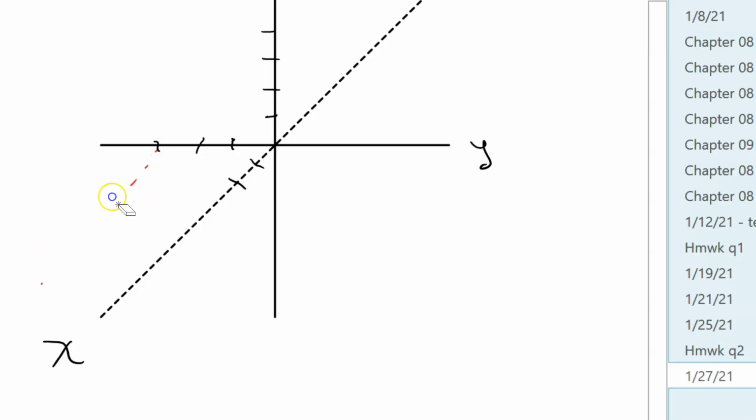I'll draw my line that's at X equals 2. And I'm going to draw that so it's parallel to the y-axis. We're trying to be, anyways. And then from y equals negative 3, I'll draw my line that's parallel to the x-axis. So there's the bottom of my box.